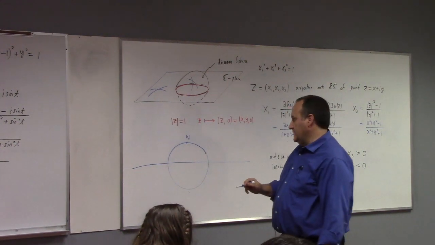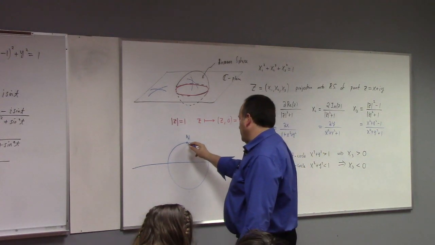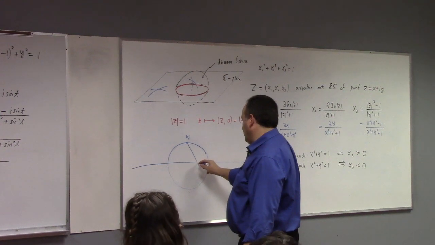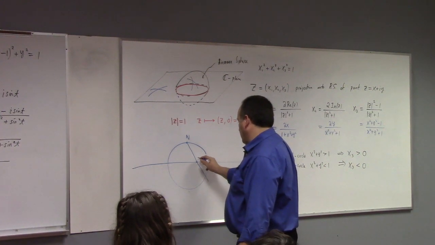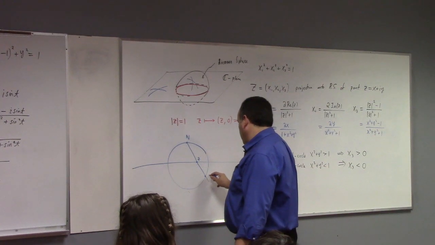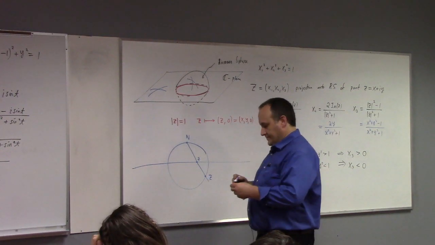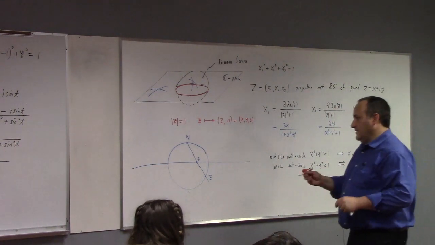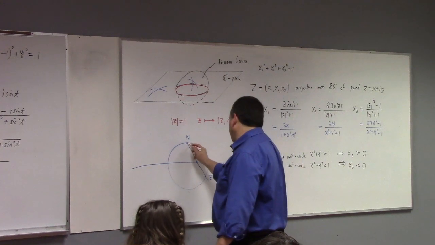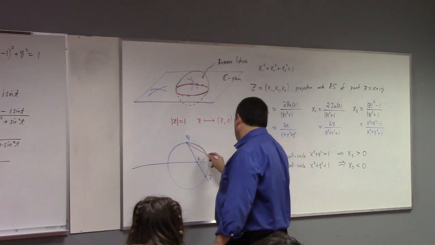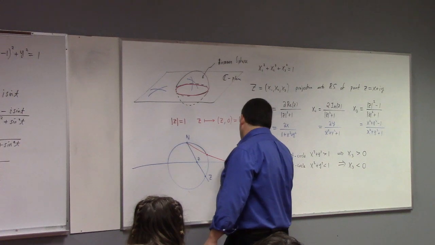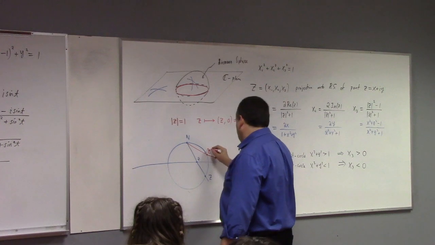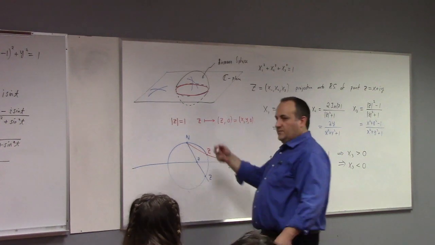If you just take the North Pole and you connect it to a point on the plane, then this point is z, and this point is big Z. So inside maps to the lower part of the sphere, and outside, the point on the Riemann sphere goes to the upper half.